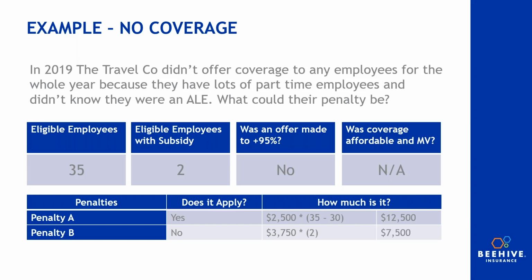So penalty B could have been $7,500, but because we didn't offer coverage at all, they get the first penalty, which is more. So that is the benefit of offering a MEC plan, it changes which penalty you could be facing.